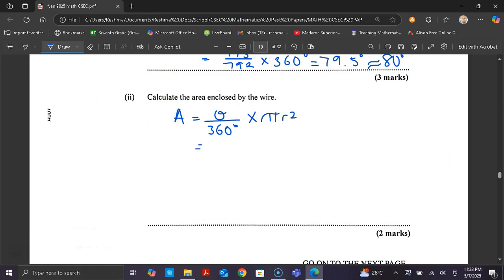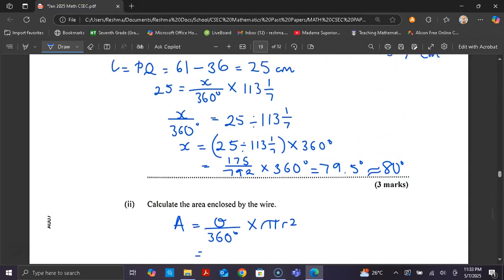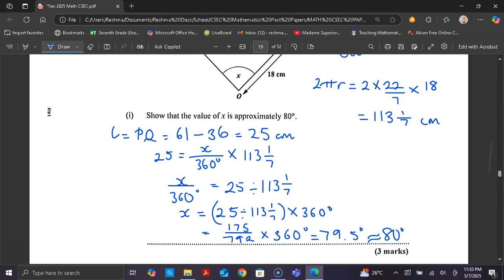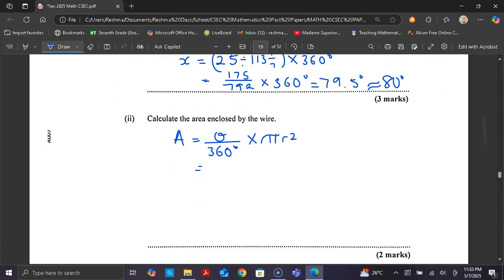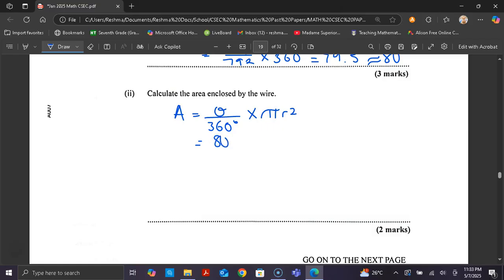So theta is the fraction of the circle that the sector represents; in this case x, our sector angle, we just found was approximately 80 degrees. So it will be 80 degrees divided by 360 degrees multiplied by the area of the circle, pi, which we're using as 22/7, multiplied by the radius squared.